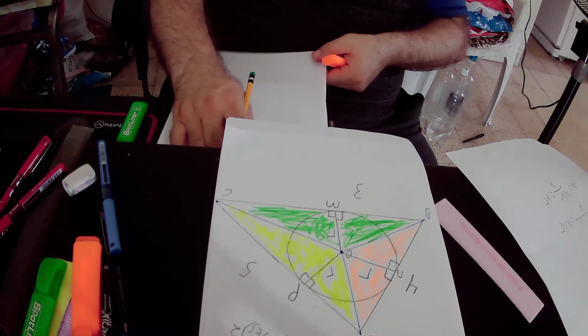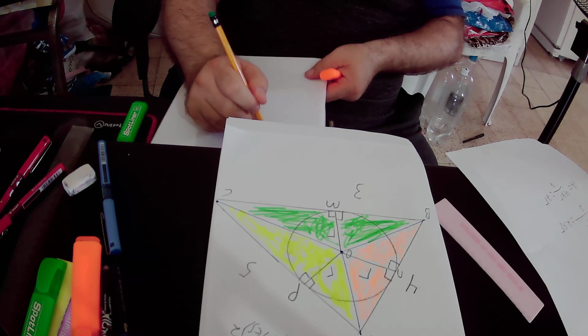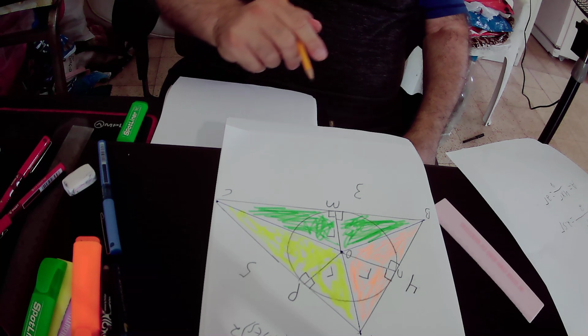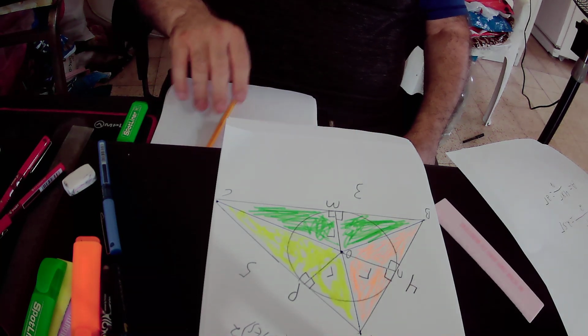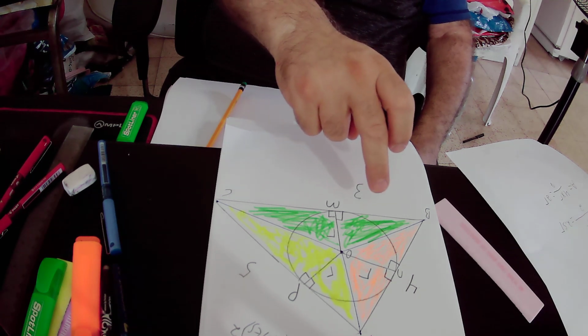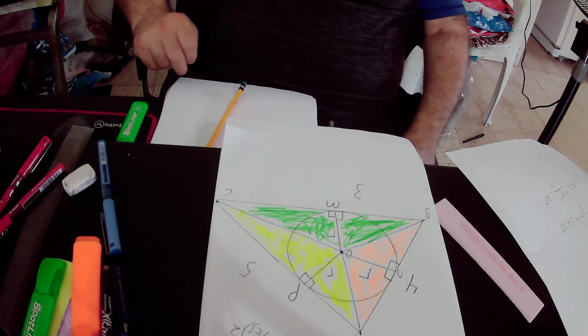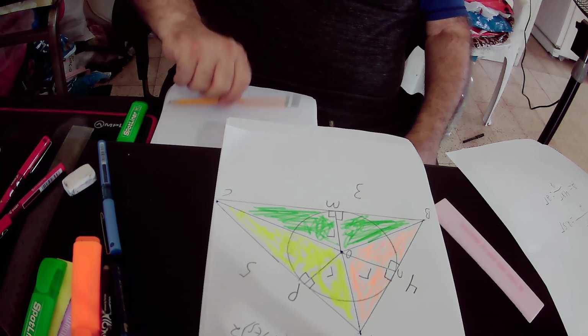we actually know that the area of triangle ABC equals the sum of the areas of the green triangle plus the area of the yellow triangle plus the area of the orange triangle. Okay, so we write it down as equation number 1.